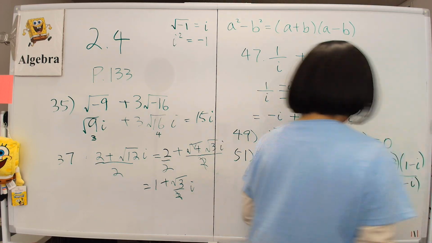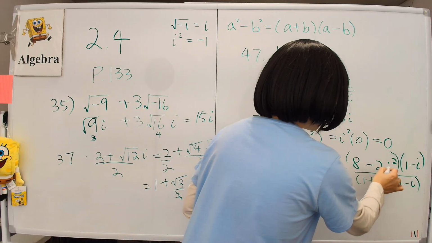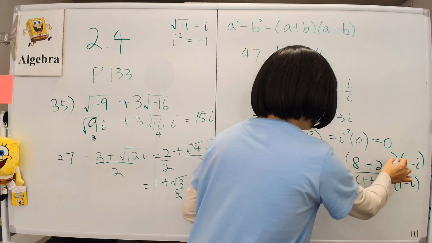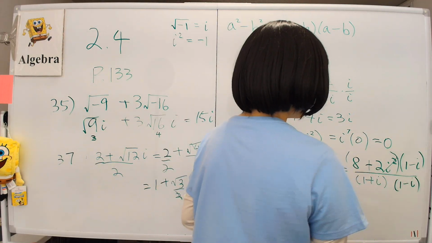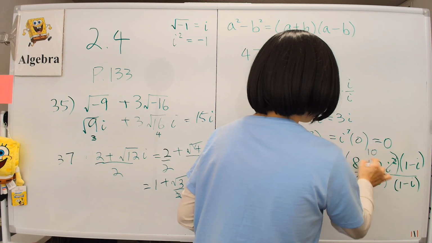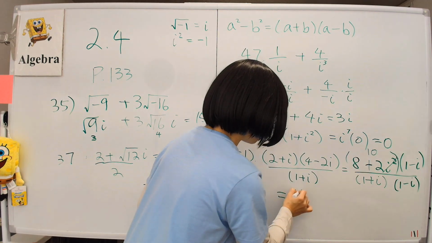To multiply that out, i squared is negative 1, so this is the same as plus 2. We'll cancel that out. So that's the same as 8 plus 2, which is 10. So this whole part just equals the 10. We have 10 minus 10i on top.